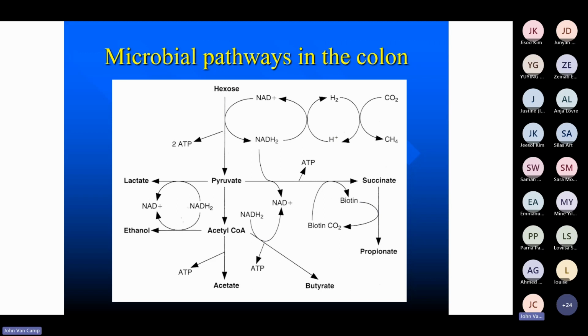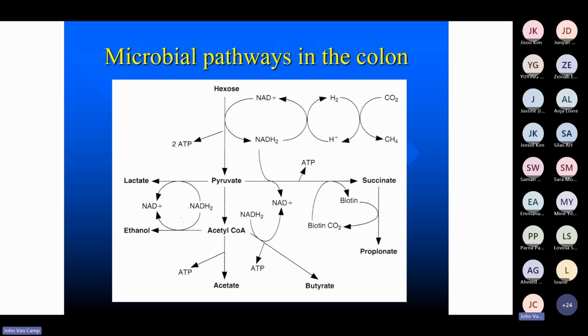And then a last pathway that you have here on the top is the production of methane gas. That's quite important because methane gas is actually contributing to climate change. As you probably know, that's why we have these ruminant animals that need to be a little bit limited.